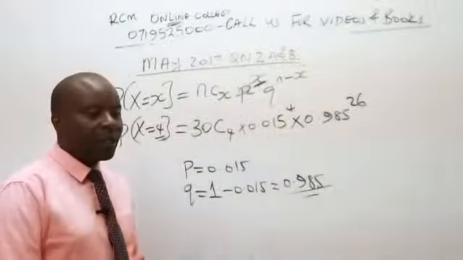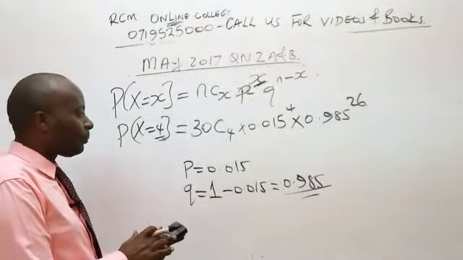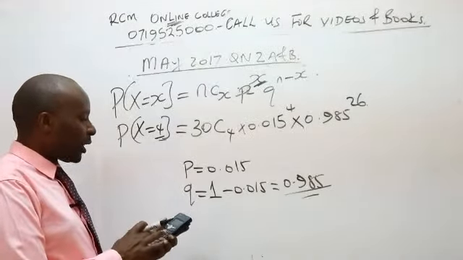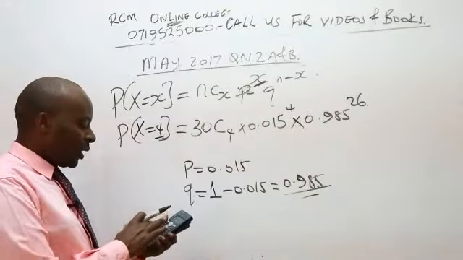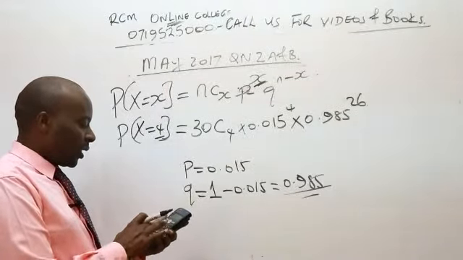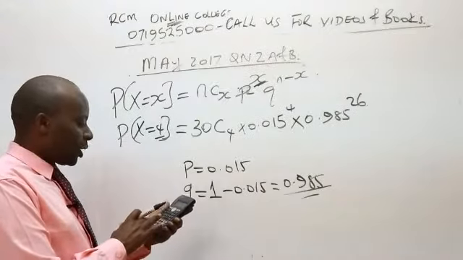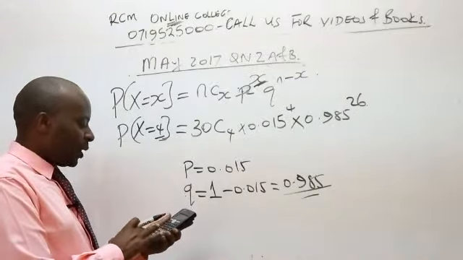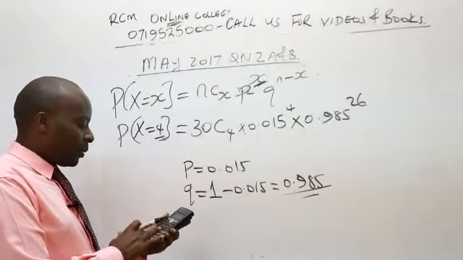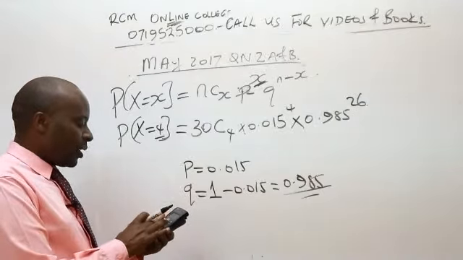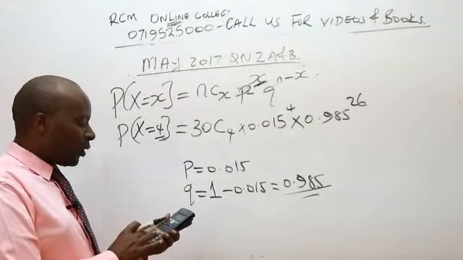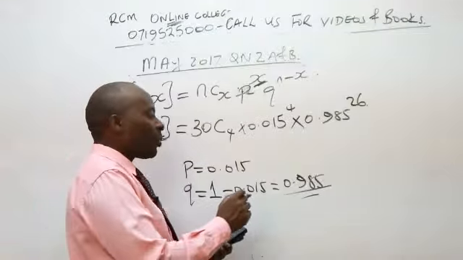So ladies and gentlemen, straight away come and talk of 30 combinations 4 times 0.015 raised to power 4 times 0.985 raised to power 26, which at the end of the day again gives us a very small probability.